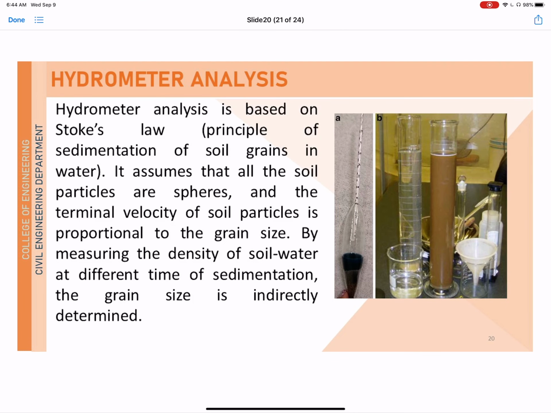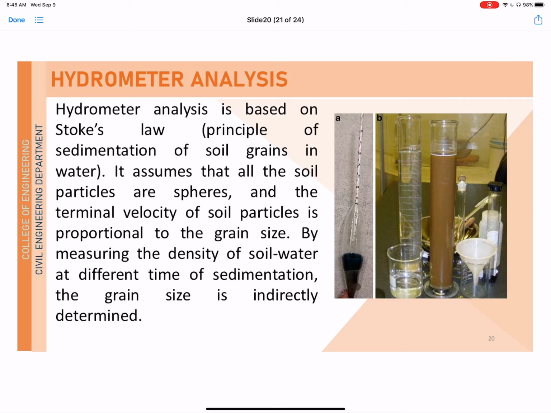Okay, now for the hydrometer analysis, since the particle size 0.075 is so small, instead of using a sieve set, a hydrometer set is used to measure the particle size finer than 0.075 millimeter because it's very, very small already. Hydrometer analysis consists of, of course, a hydrometer, this one.